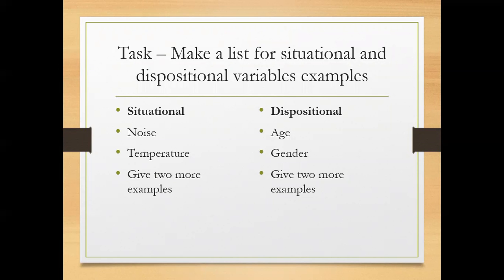So when you're making your notes, I would like you to give me two more examples. Situational, something that could affect the research in the environment, and dispositional, it's got to do with the person. So let's make up your notes, use the electronic textbook, use the classroom notebook because there's some information on there, and use this video to make your notes.